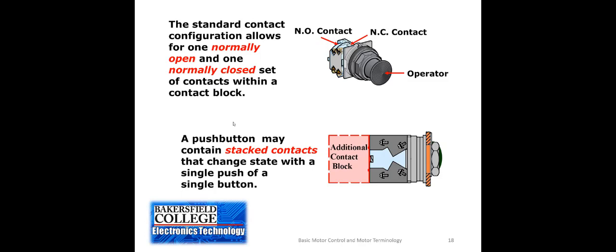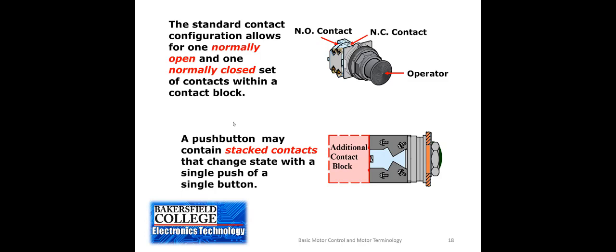We would use the contacts that we need. So let's say we only need a normally open contact, we would just use those and not connect to the normally closed contact. And vice versa, if we only needed a normally closed contact, we would connect to that, and the normally open contact we would leave disconnected.